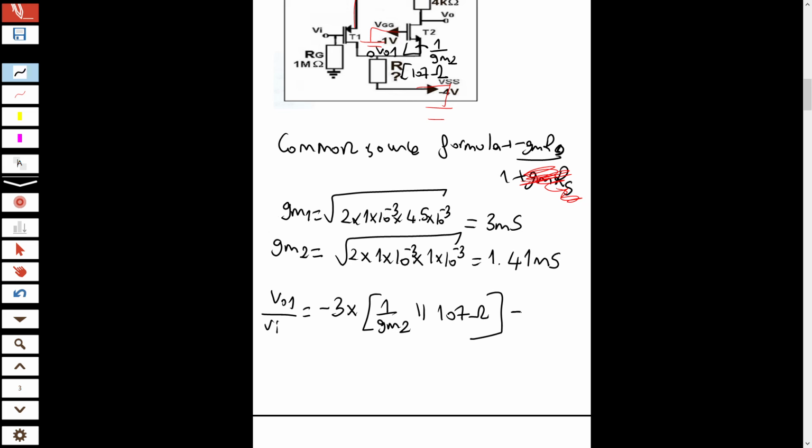Let's calculate this value. It is 0.278.